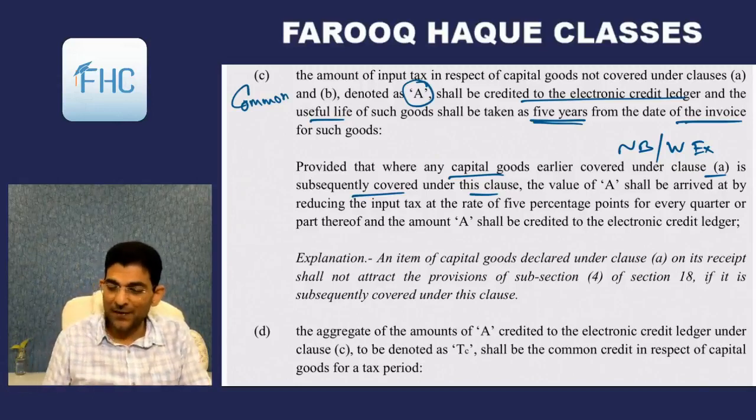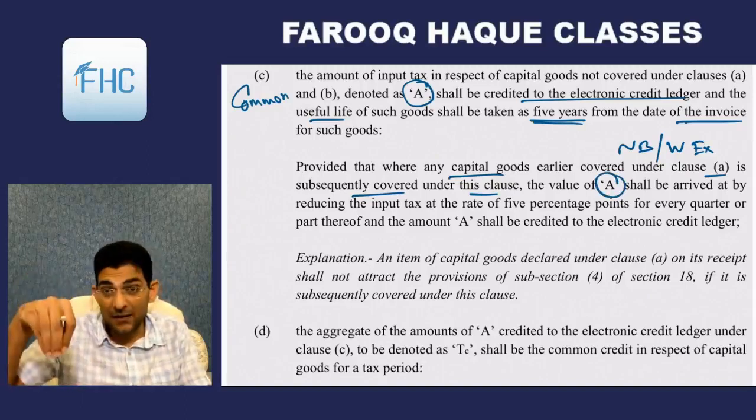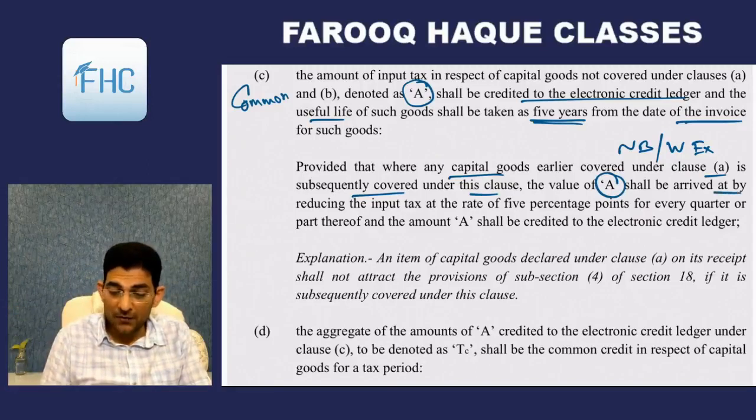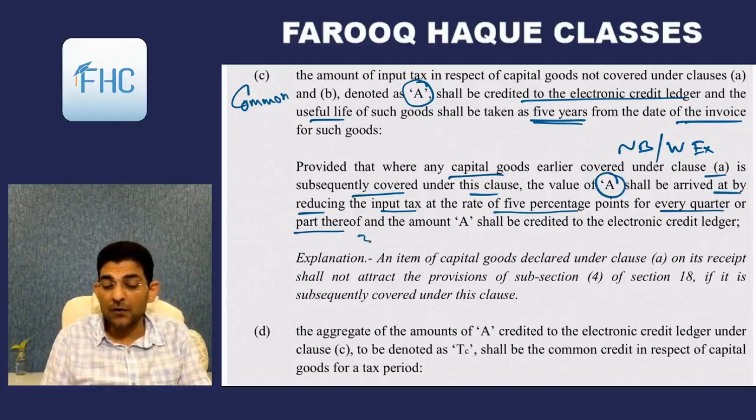Then what will happen? Then the value A, means the amount of credit to be taken, shall be arrived at by reducing the input tax at the rate of 5 percentage points for every quarter or part thereof. Full quarter or part thereof, means if suppose there are 3.5 quarters, it will be taken as 4 quarters. And the amount A shall be credited to electronic credit ledger.